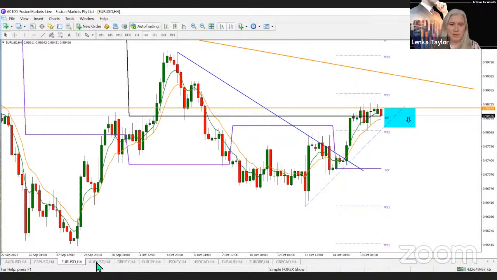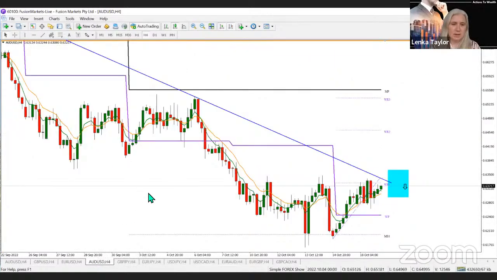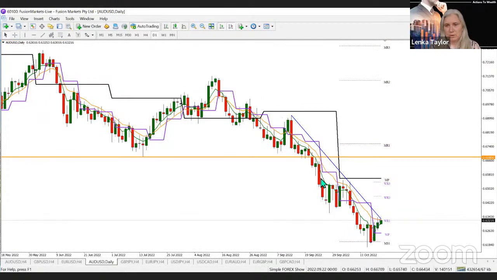The next currency pair I'm looking at is AUD-USD. And on AUD-USD, I'm looking at short opportunities as well. We're still in the downtrend. Now price action is going sideways, so that means indecision.